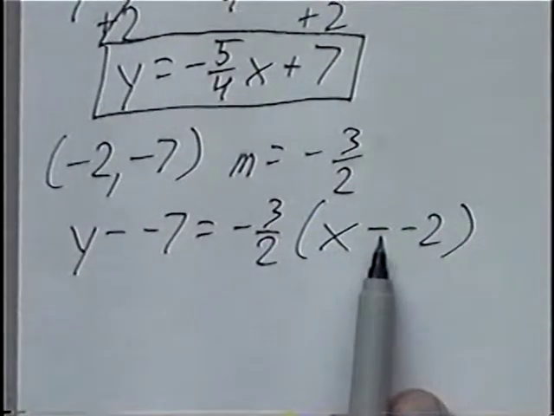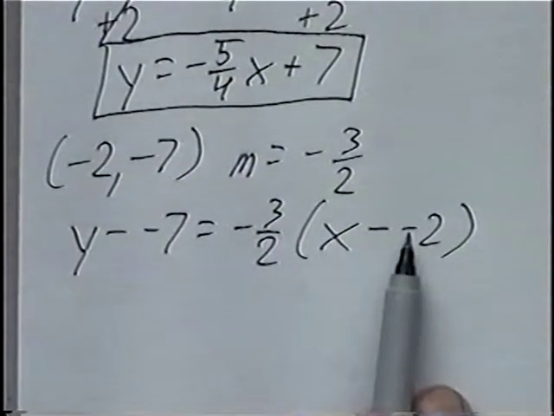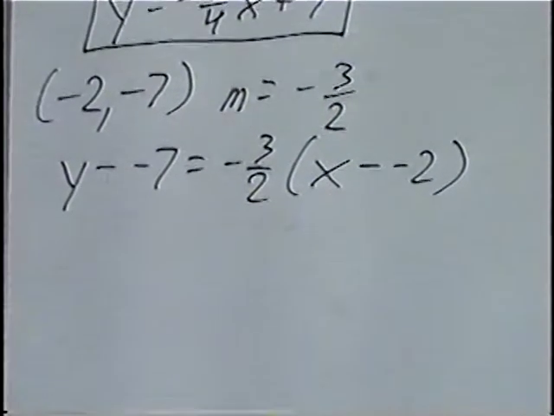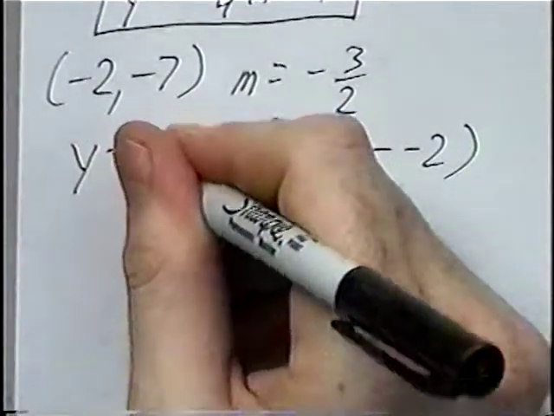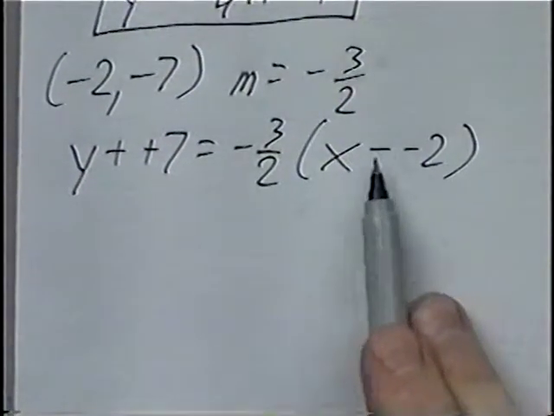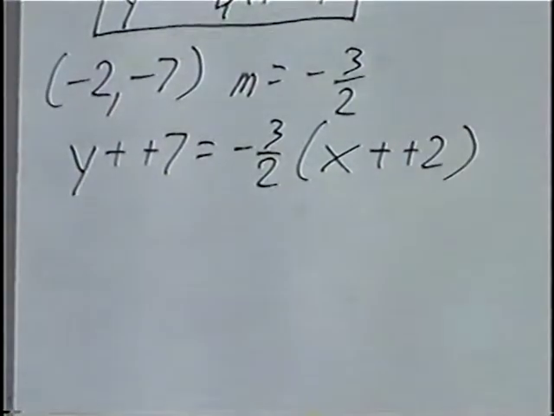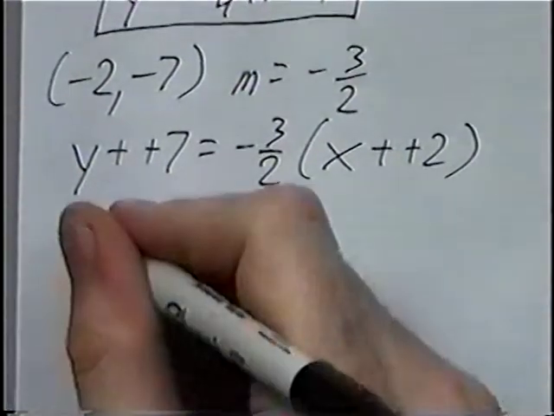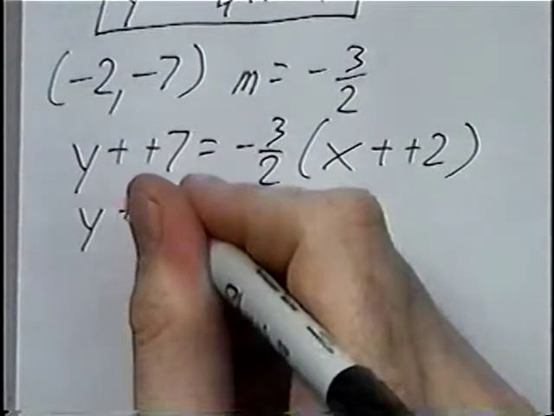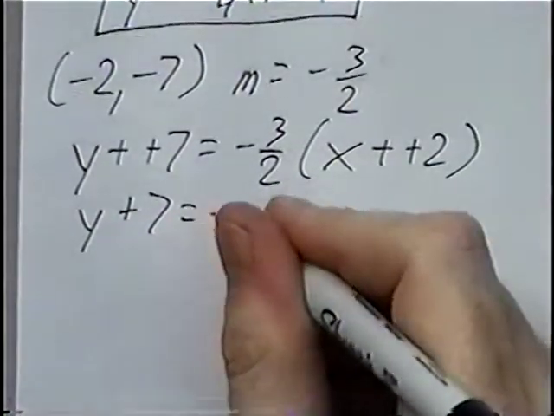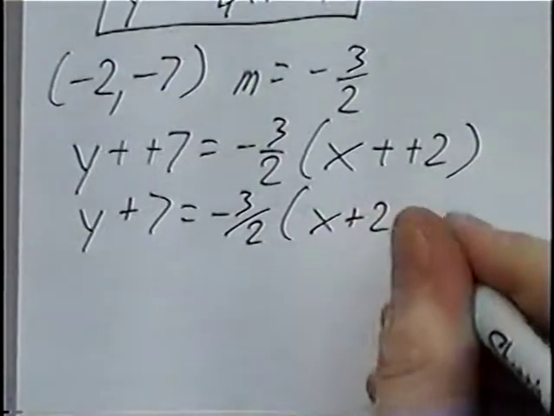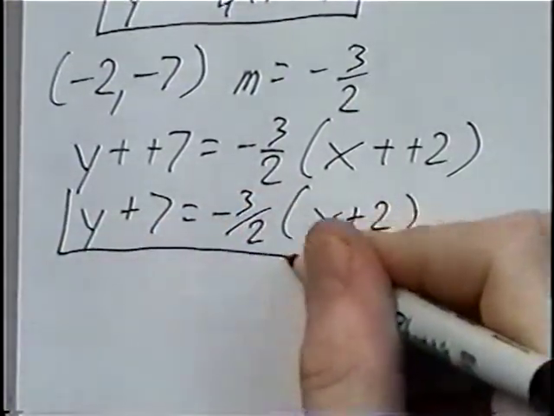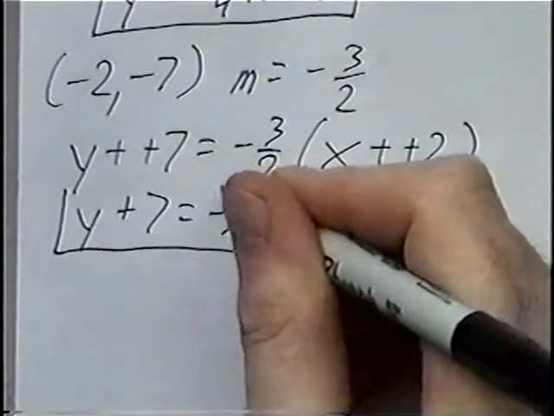So again, we'll have a minus from the equation and a minus from the -2. Simplifying, minus minus we can change to a plus, and minus minus we can also change to a plus. So we'll have y plus 7 equals -3/2 times x plus 2, which is our first answer, the equation in point-slope form.